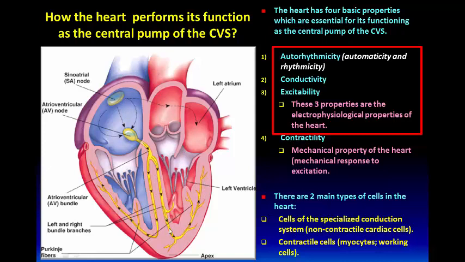These are non-contractile cells, and the contractile cells in the walls of the atria and interatrial septum and the walls of the ventricles and interventricular septum, and we call these contractile cells the cardiac muscle fibers, the myocytes, the working cells, or the mechanical cells.